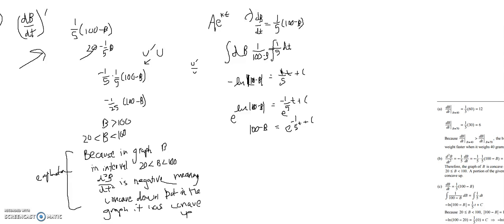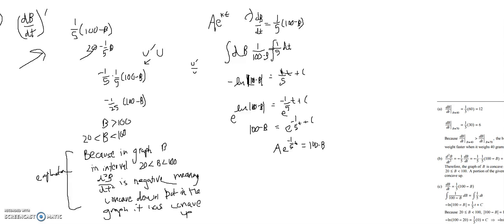And because e to the negative 1/5 t plus C is equal to e to the negative 1/5 t times e to the C. So e to the C is also another constant, so we will just replace that with A. Now we have 100 minus B equals A e to the negative 1/5 t.